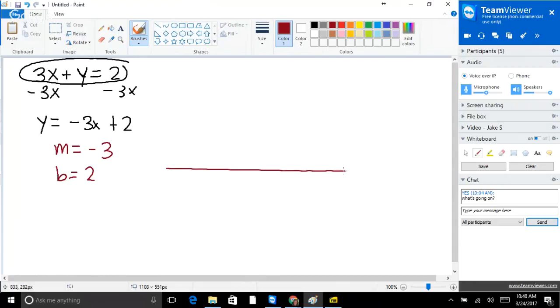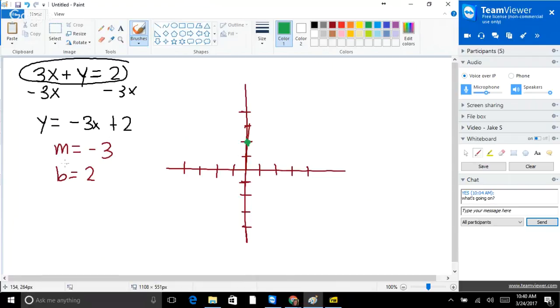I'm just going to draw a little graph here. So my y-intercept is at 2. That means the first point I'm going to graph is at 0, 2. It's always where you're going to graph first, right? Right here, y equals 2.